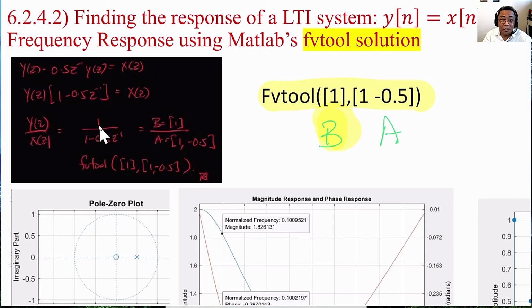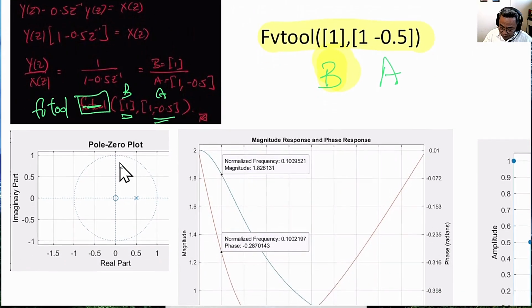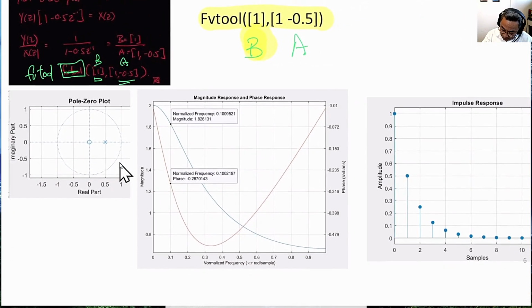The coefficients on top are B, and the coefficients at the bottom are A, in descending order of z. Once we have B and A, we use this MATLAB function, FVTool, plugging in the B and A coefficients, and it pops out all these little diagrams for us.